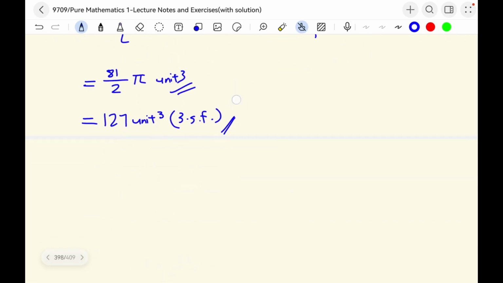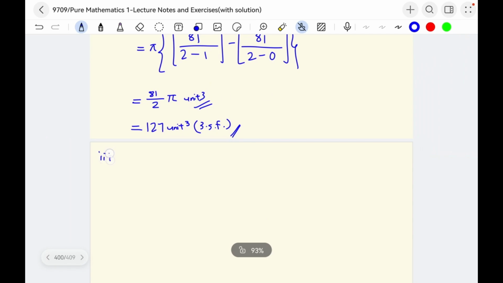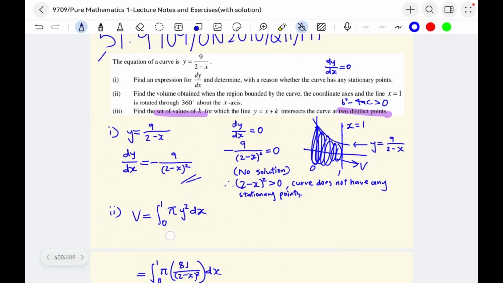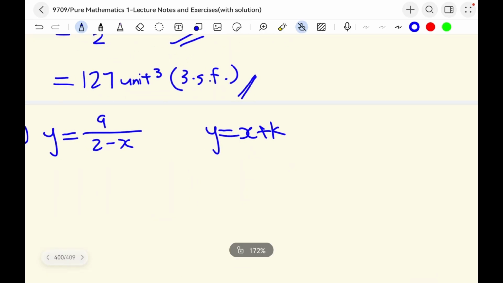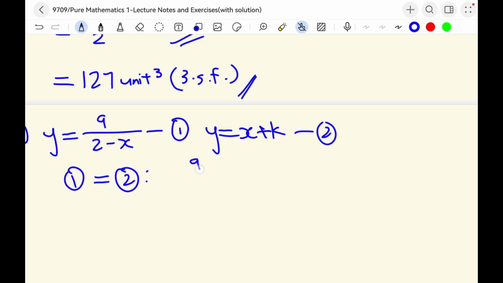So what can you do over here? First, you have the curve equation, you have a linear equation. Okay, first equation and the second equation, equate them together. So what you can see, of course, it's 100% a quadratic equation, which is raised to the power of 2.